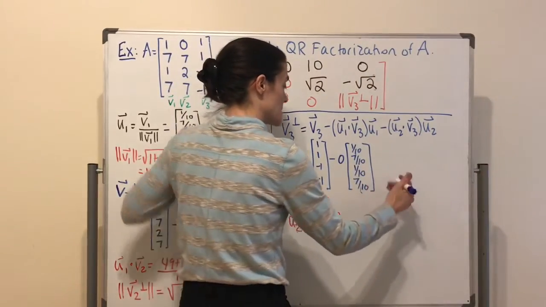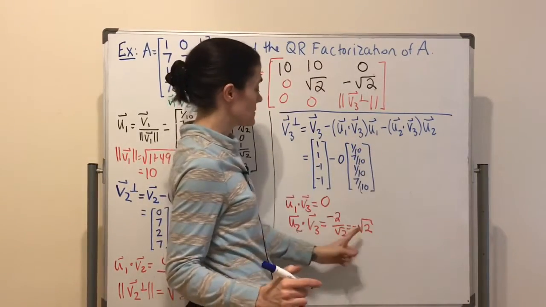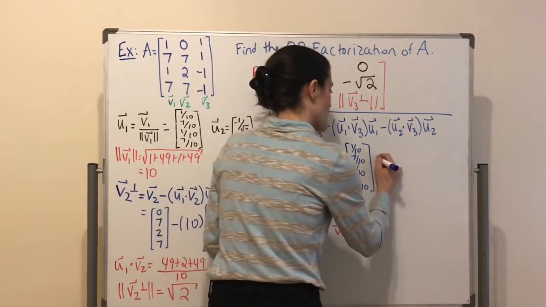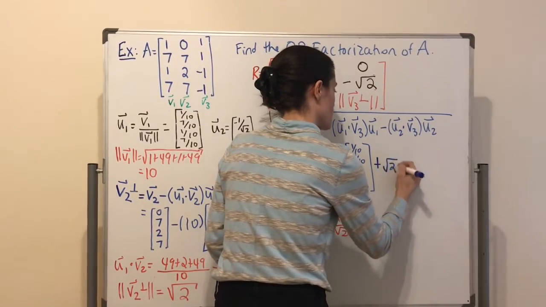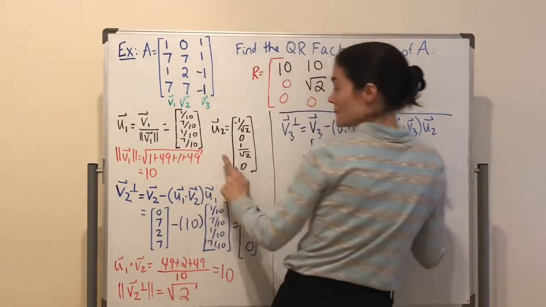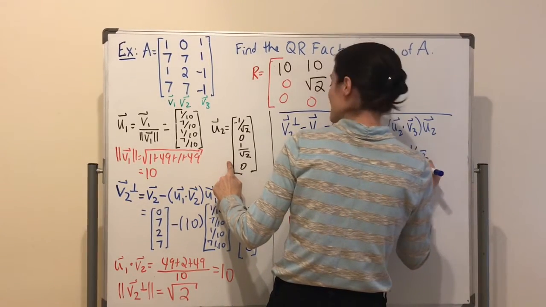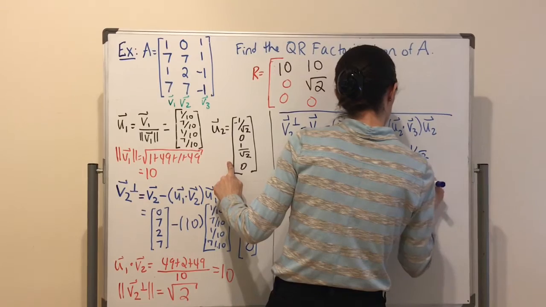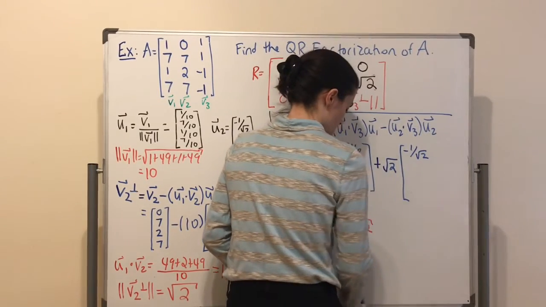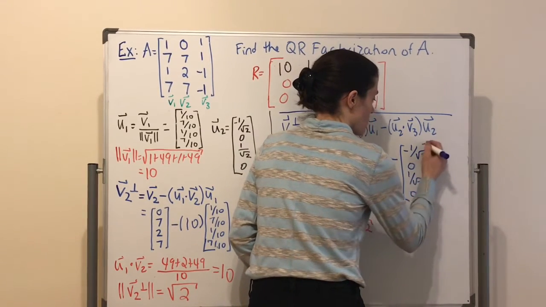Now if we write this here, well this is, oh, okay, look. We have minus, this minus, it turns into a plus. So it's going to be plus the square root of 2 times, here is U2. Here, okay, so this is negative 1 over square root 2, 0, 1 over square root 2, 0.